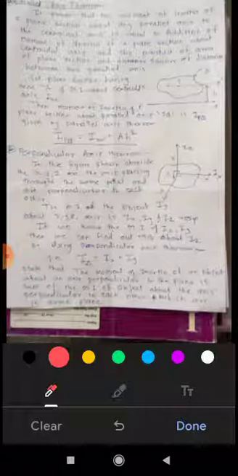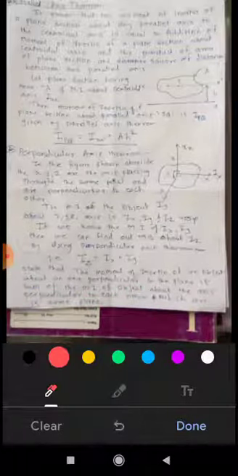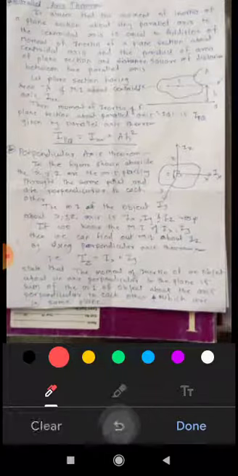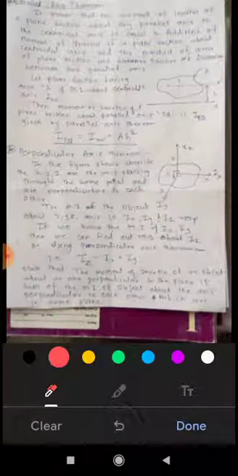I have also defined over here that the perpendicular axis theorem states that the moment of inertia of an object about an axis perpendicular to the plane of the figure is the sum of the moments of inertia of the object about two axes perpendicular to each other which are in the plane.